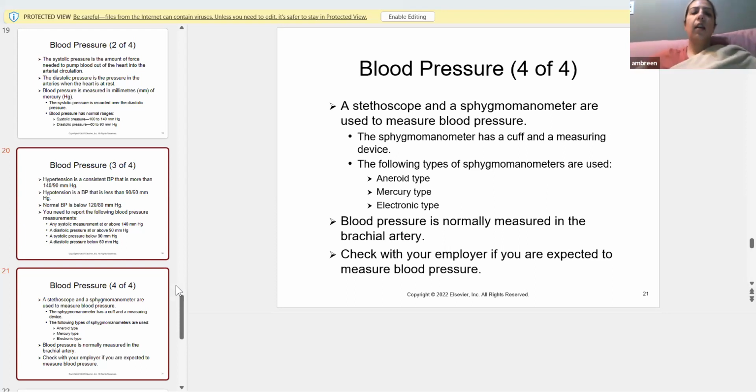Always remember, we have two types of sphygmomanometers. One is electronic and the other one is manual. We use manual when we do not get a proper reading and the blood pressure cuff does not read. It says error. That means either the width of their arm is too much, or the biceps is too much, or sometimes it's too thin.